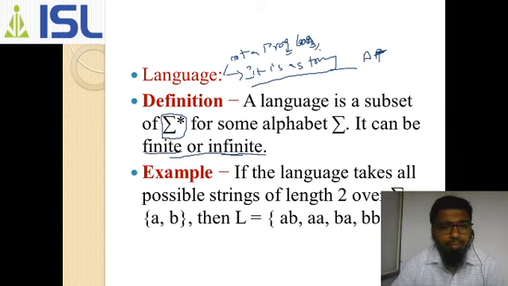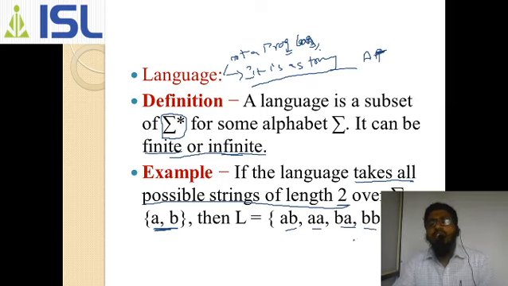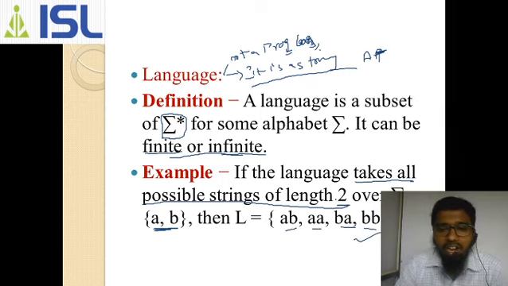For example, if the language takes all possible strings of length 2 over sigma, we have a, b, and from these all possible strings of length 2: AB, AA, BA and BB. This is valid, and we are getting length 2.